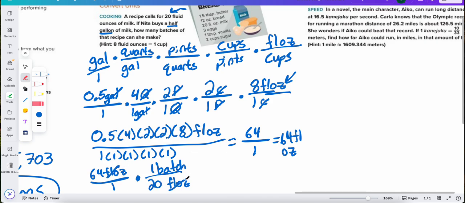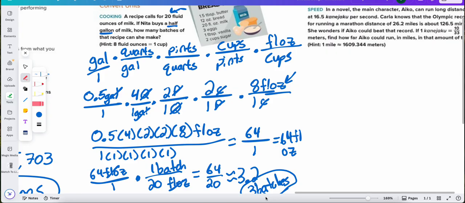Fluid ounces cancel, so we multiply across. So we'd have 64 over 20. 64 divided by 20 is about 3.2. Now we can't make 0.2 of a batch, so we only have enough for 3 batches. So that would be our answer for this one.